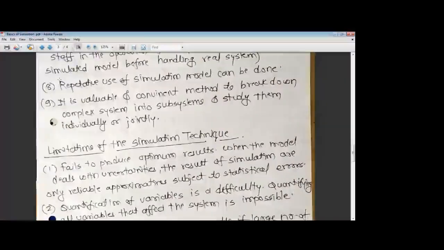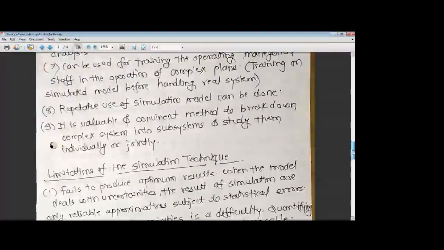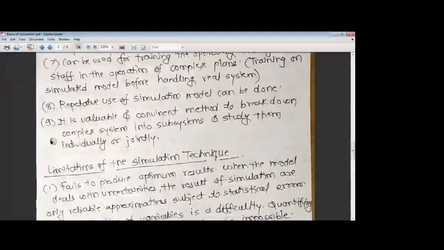Repeated use of a simulation model is possible, and it is very beneficial because it is cost effective. If training is to be given, or if I have to make some alterations, additions or deletions in a particular model, I will have to use the simulation model repetitively, and this is one of the advantages of simulation.